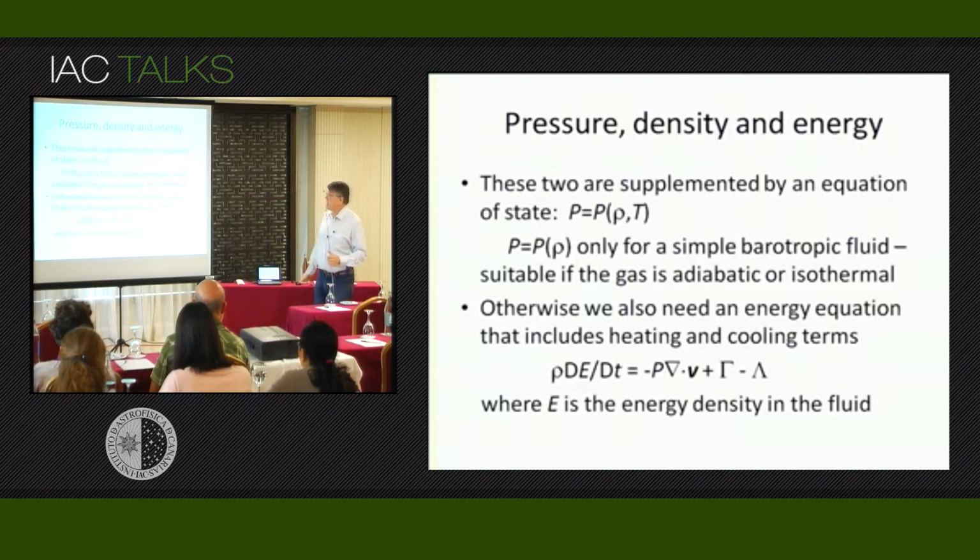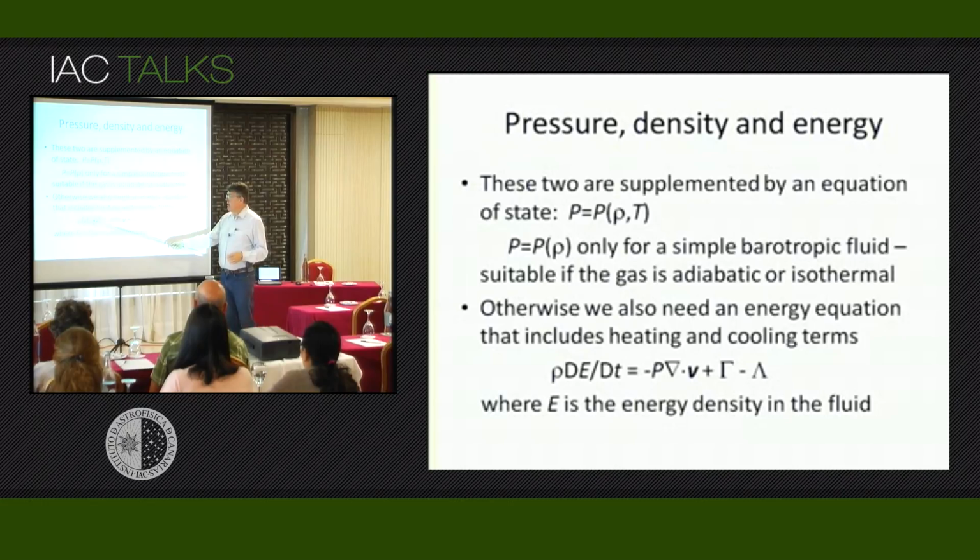Or if it's adiabatic, so there's no change in the energy content of the gas, then you know what the law is. P goes as rho to the gamma. But otherwise, if we haven't got a simple, barotropic fluid, you need an energy equation as well, which determines the heating and cooling of the gas.